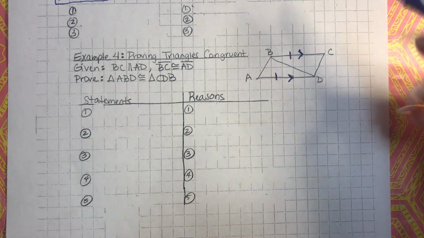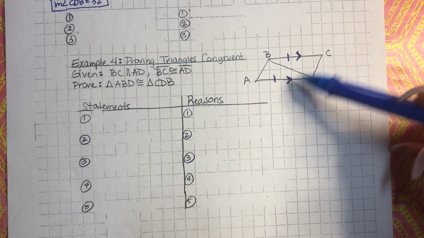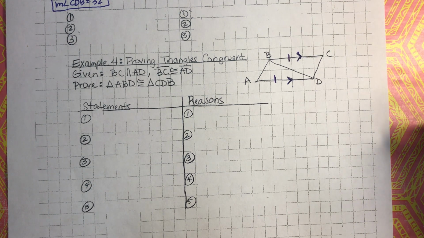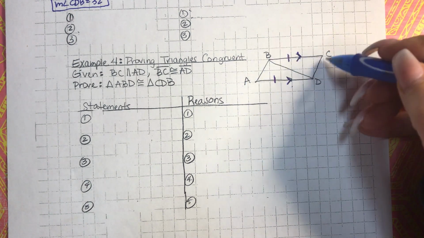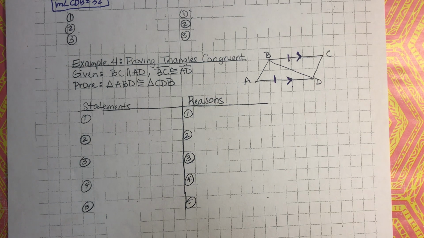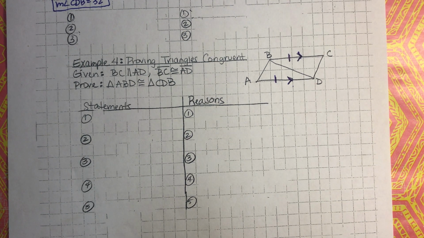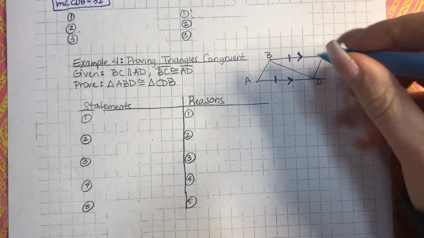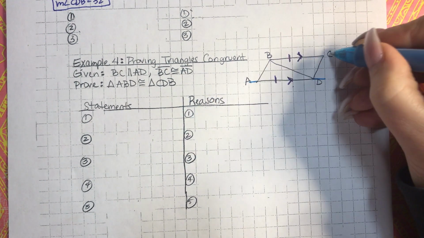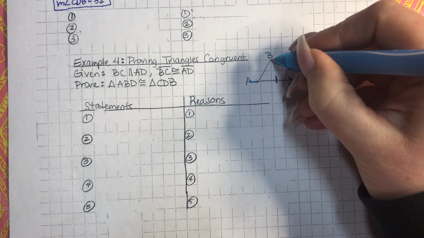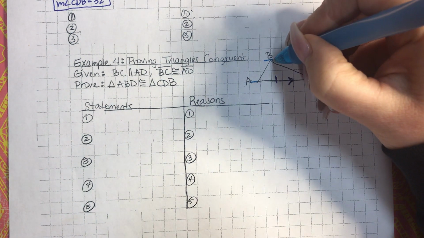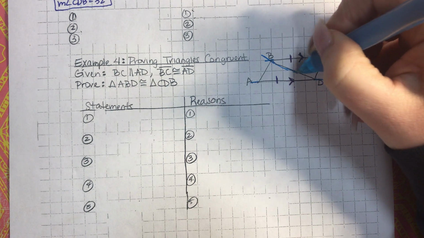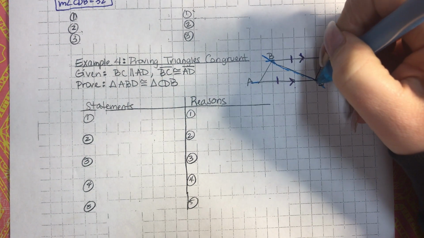Okay, the first bit, they give us this parallel piece. So why would they give us this parallel piece? Well, if you look, we have two parallel lines, and then we have this line right here. If we extend these lines, this becomes our transversal.